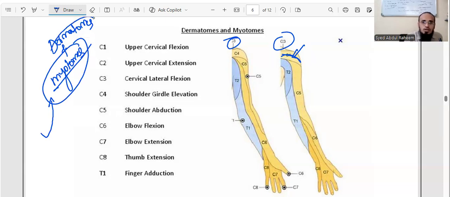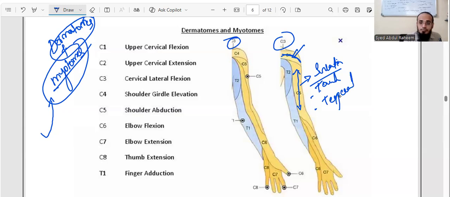And dermatome: a dermatome is one nerve inserting into a particular area, and you are feeling sensations there: touch, temperature, pain.